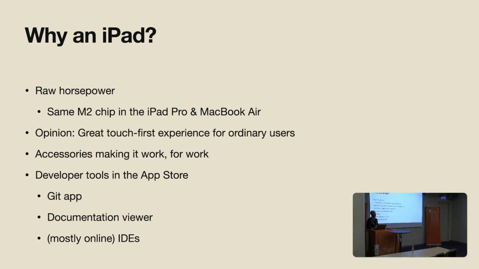Raw horsepower is insane. So the M2 chips, and this is not an advertisement for it. You will see later why this is not an advertisement. But the same M2 chip in both the iPad Pro and the MacBooks, and the MacBook Air specifically, this one running this presentation at the moment, is insane. So the raw horsepower with an ARM 64-based machine that you can get nowadays is phenomenal.